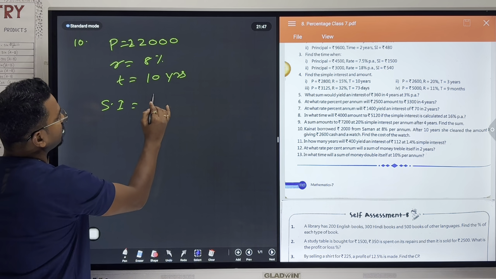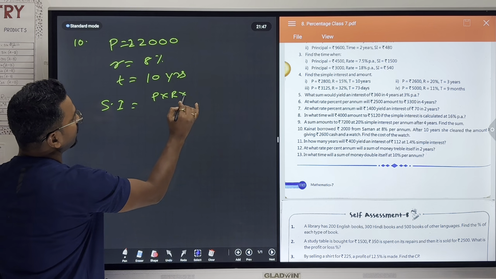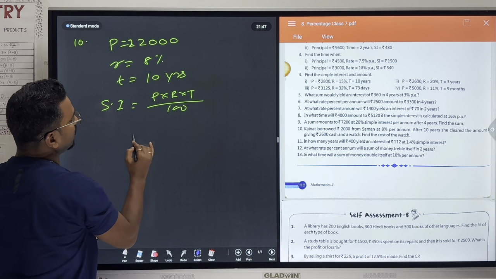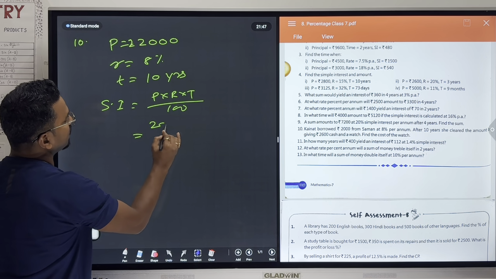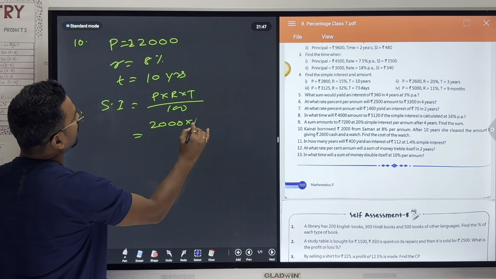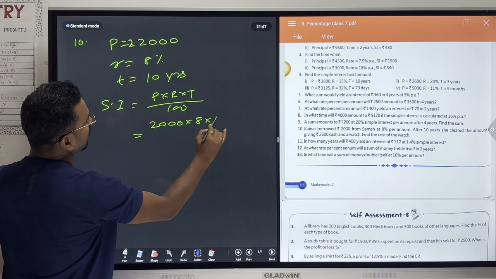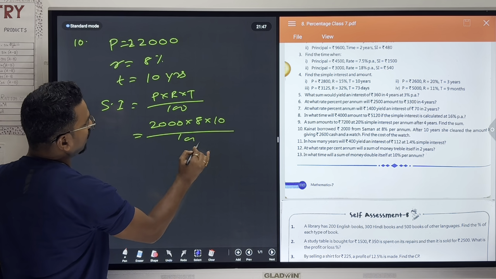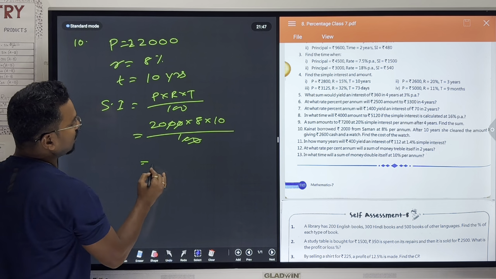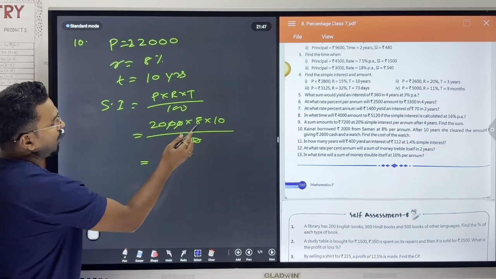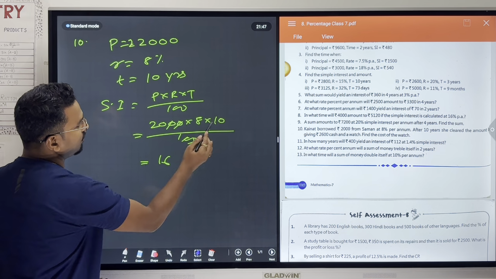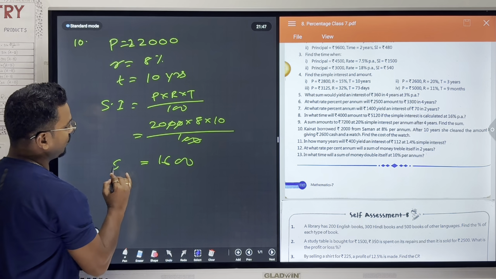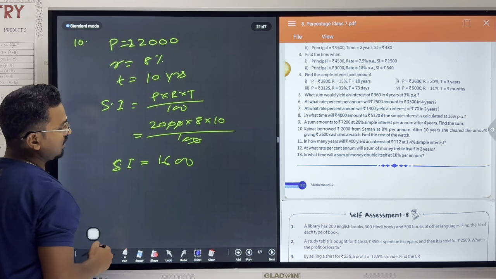Simple interest equals P into R into T by 100. So principal is 2,000 rupees multiplied by R is 8%, time is 10, divided by 100. If you cancel it, what will you get? 8 2s are 16, and 2 0s. How much rupees does he have to return as interest?